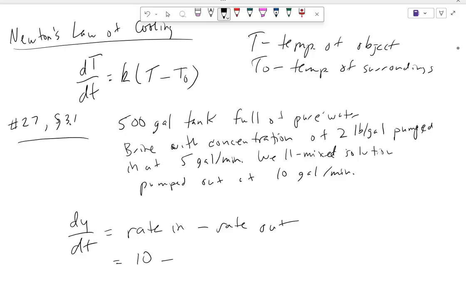Is the salt going to tend to fall to the bottom of the tank? So if the drain is at the bottom, there might be more salt coming out at the beginning than at the end. If you're somehow siphoning it off from the top and following the water level down, there might be less salt coming out at the top than the bottom, right? Those are assumptions that you have to make.